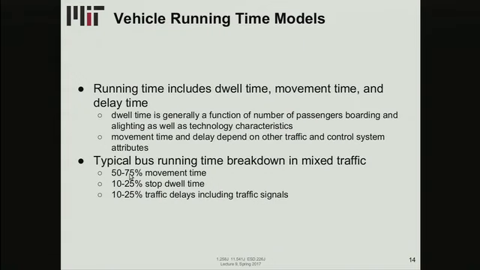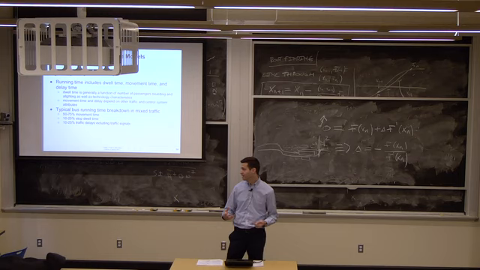If we look at the typical bus running time and how we break it down, this is a typical bus in mixed traffic. Somewhere between a half and 3/4 will be spent moving between stops. Between 10% and a quarter will be spent at stops, serving a stop. And between 10% and a quarter will be spent in traffic or waiting for a signal, so at a red light, essentially.